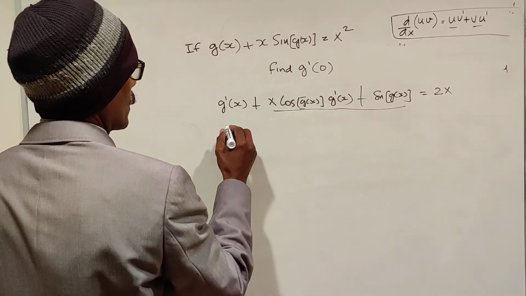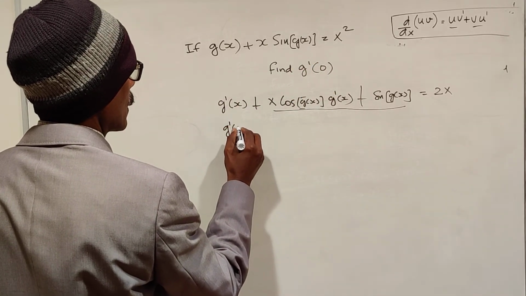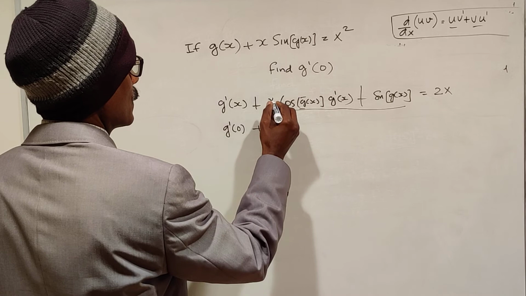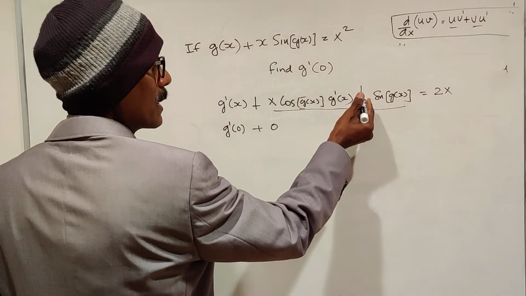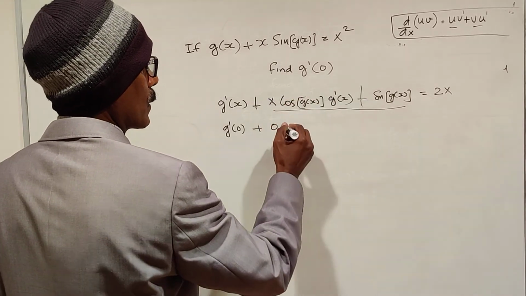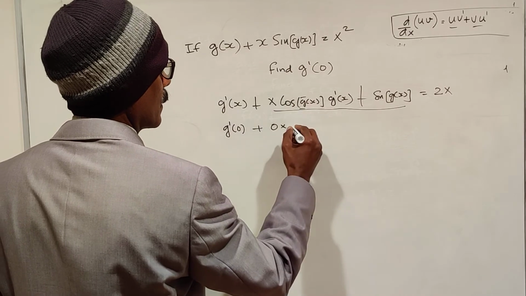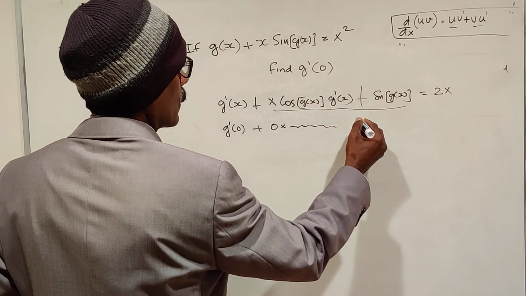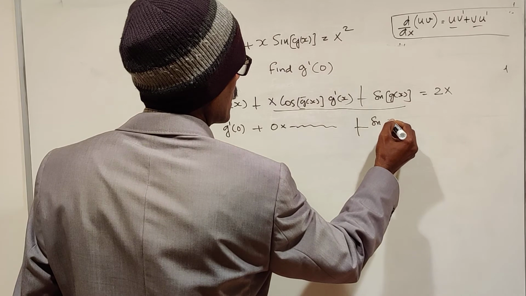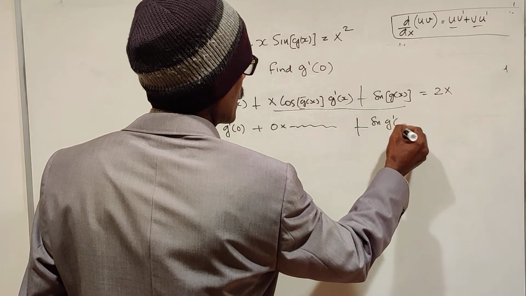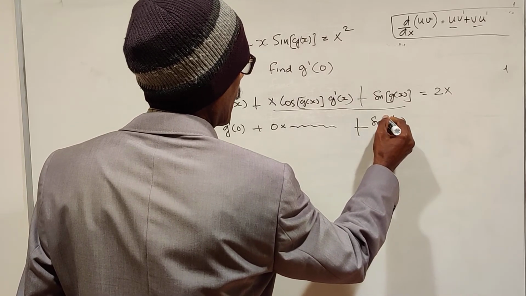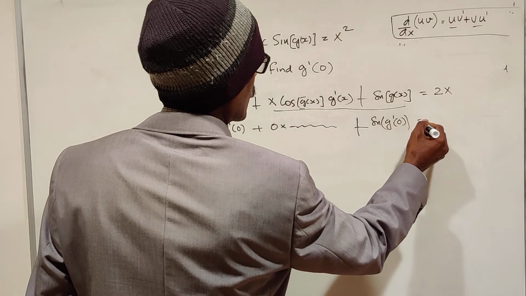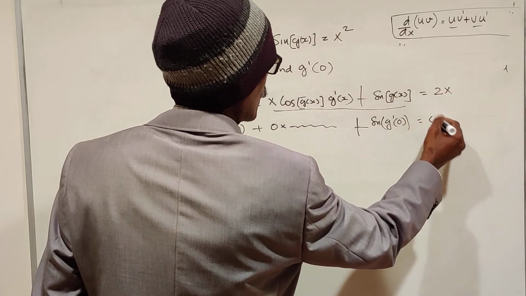Then when x is equal to 0, 0 into g dash 0 plus 0 into whatever it is becomes 0, plus sine g(0) equals 2 times 0, which is 0.